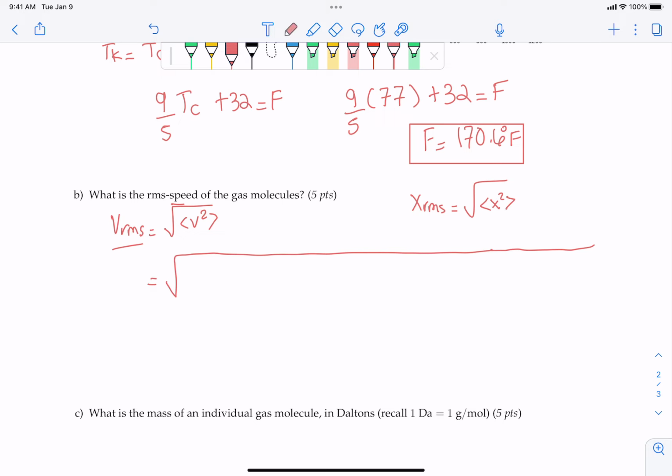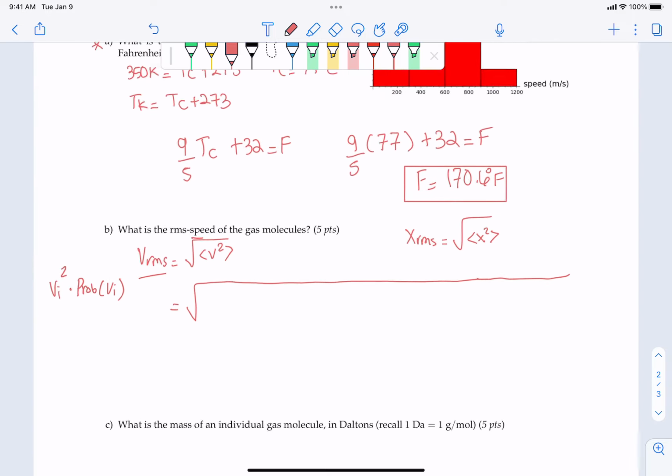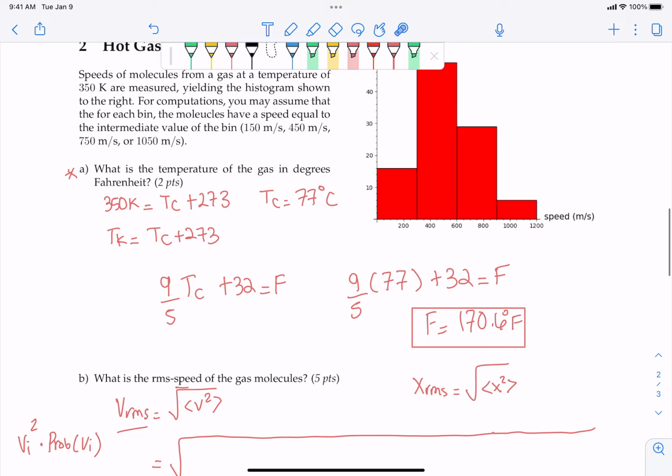Yep, excellent. We take the speed squared times the probability of each speed. The first speed they gave us was 150 meters per second, so I'm going to square that and multiply it by its probability.